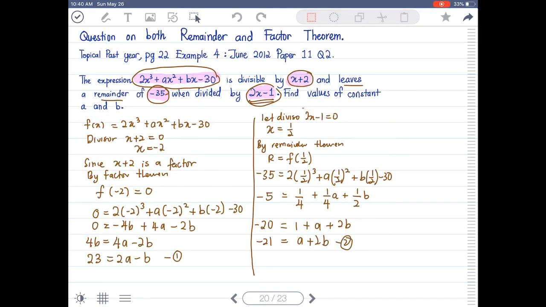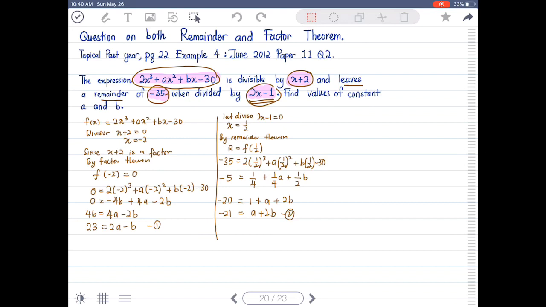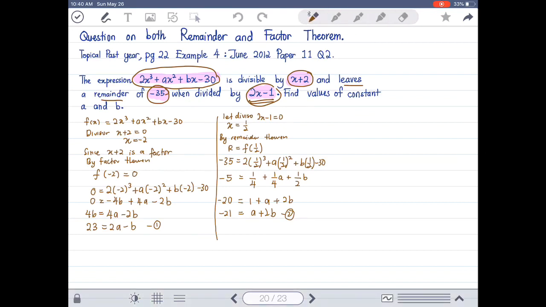Okay. Now we can compare our first and second equation. You can do simultaneous, you can do substitution. It depends on how you want to do it.